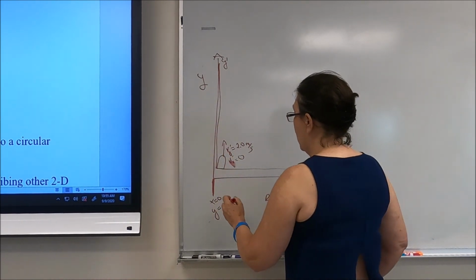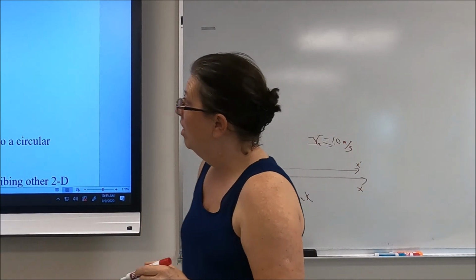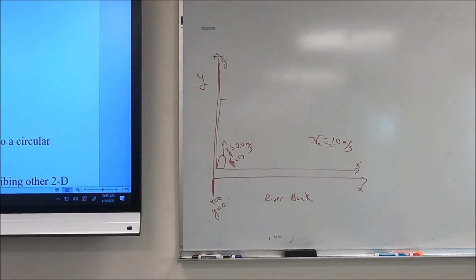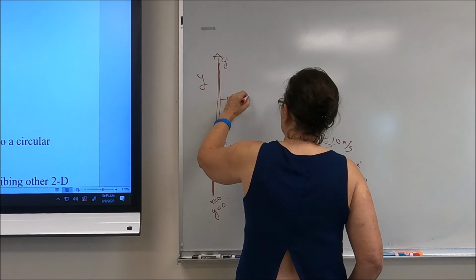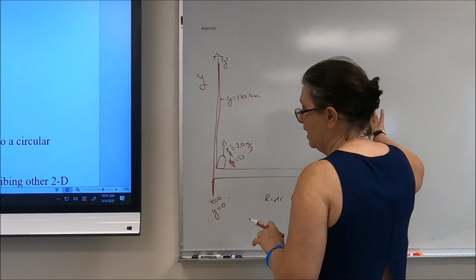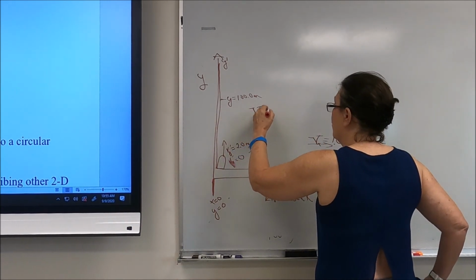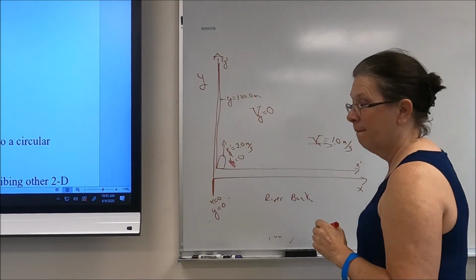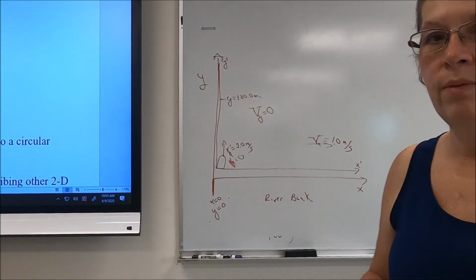And we are headed to a position of going across the river 100 meters. That's in both reference frames because this one's only moving in the x direction. The velocity of the reference frame in y is 0. So I've kind of set it up for you.